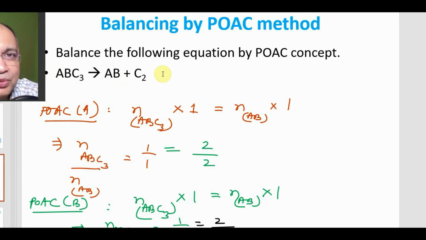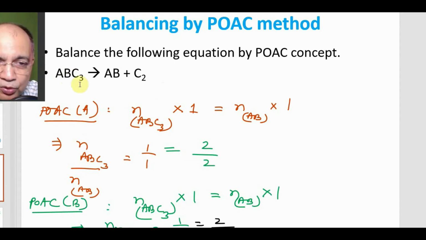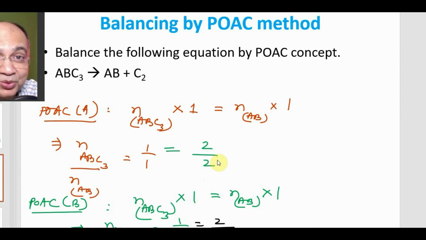But I wanted to tell you that with the POAC method we can find the coefficients, that is, balance the equation. If you apply POAC to element A, the number of moles of this into 1 is equal to the number of moles of this into 1. There is no A here. So the mole ratio between these two is 1:1 or 2:2. I made it 2:2 to equalize with the other ratios having the same substance.